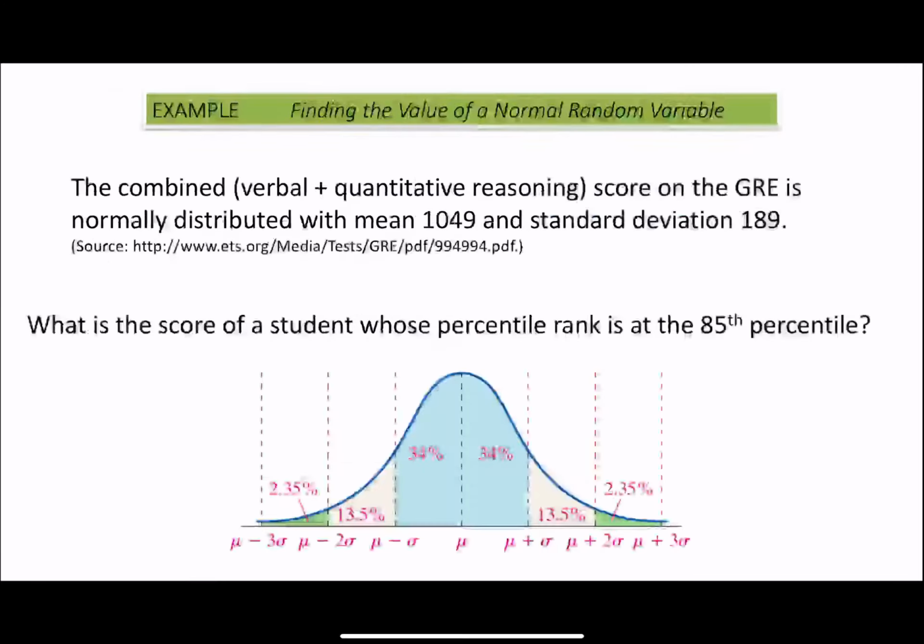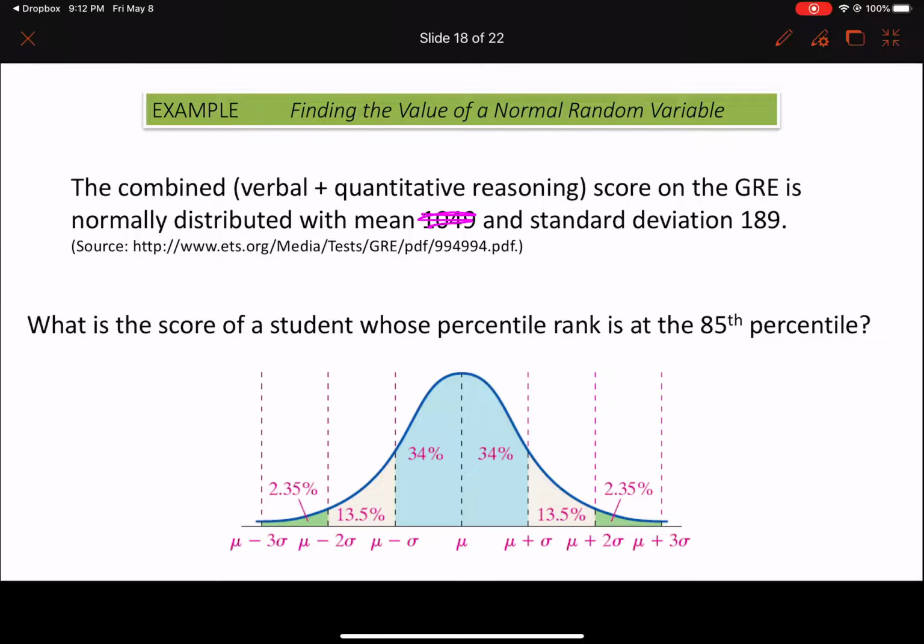Okay. So the combined score on the GRE is normally distributed with a mean of 1049 and a standard deviation of 189. We want to know the score of a student whose percentile rank is at the 85th percentile. So in order to figure out where to start looking at our Z table, remember we used this for the empirical rule?